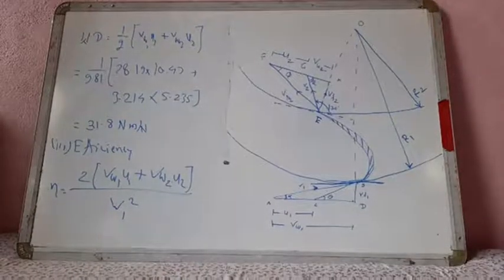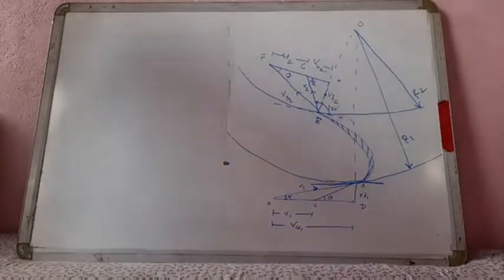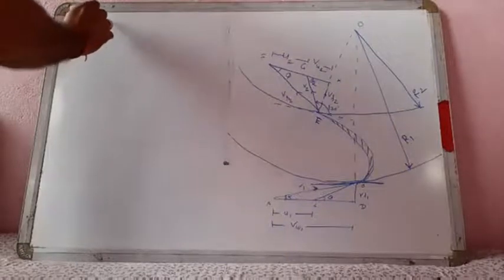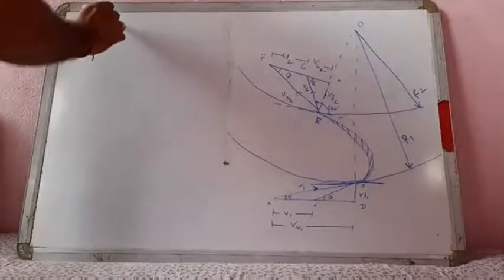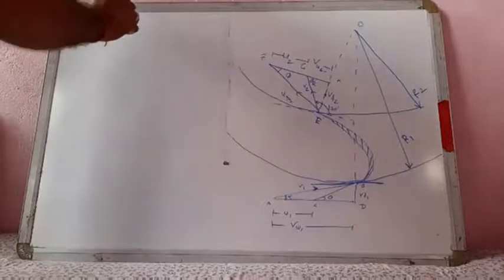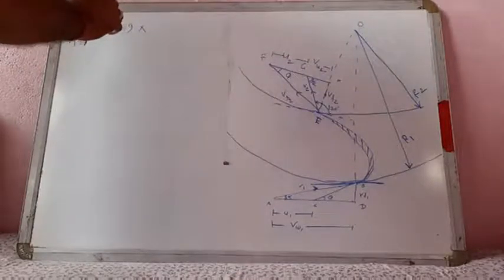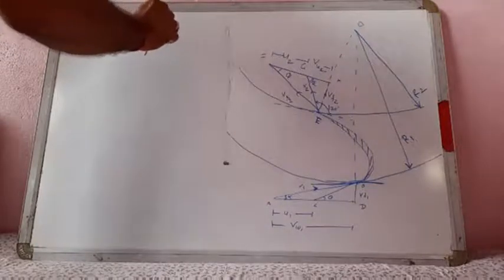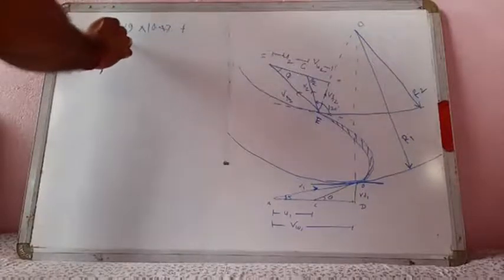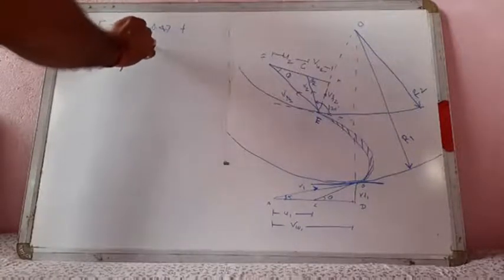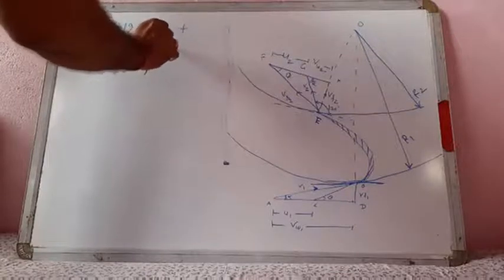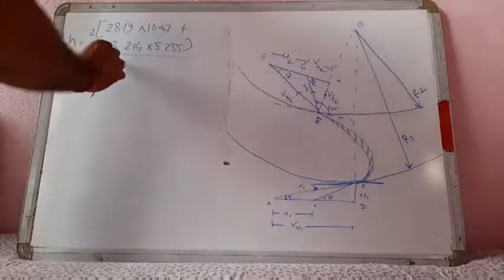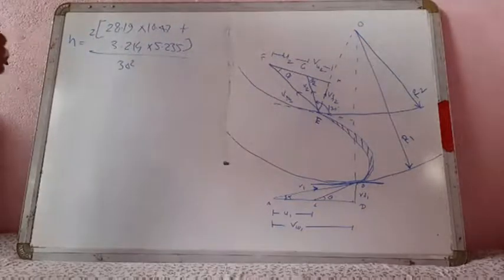Now putting the values, efficiency equals 2 into (28.19 into 10.47 plus 3.214 into 5.235), this whole divided by 30 square.